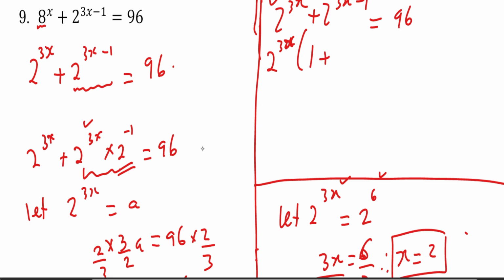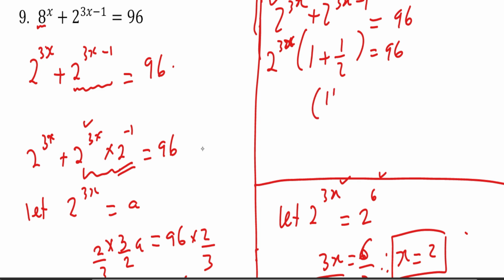And the other one, you just remain with 2 to the power of -1 at the end of the day. Now 2 to the power of -1 is written as 1 over 2.